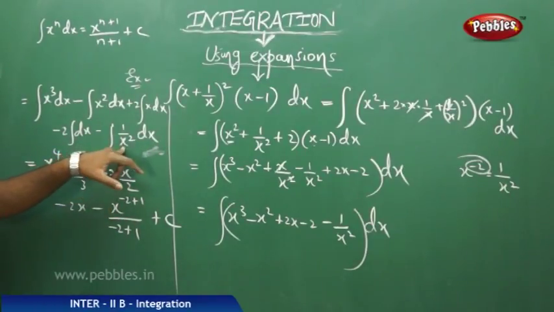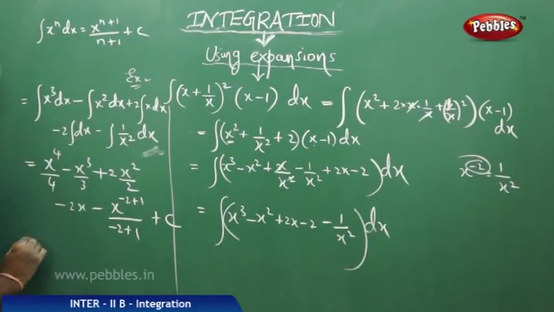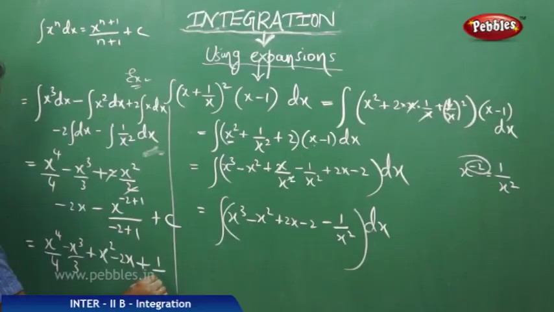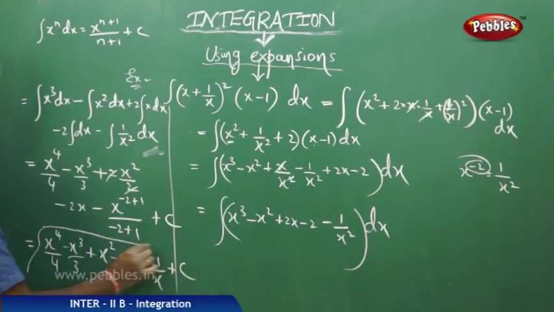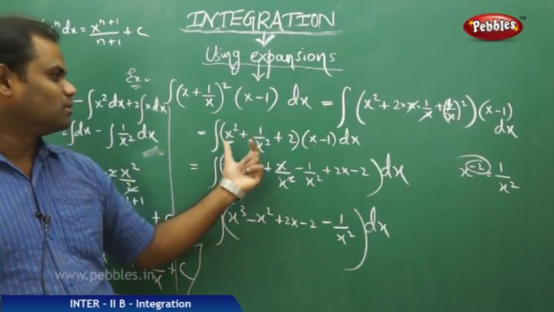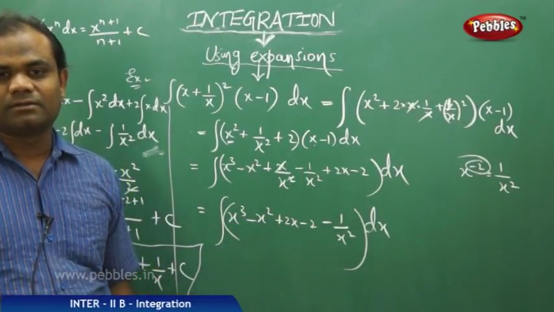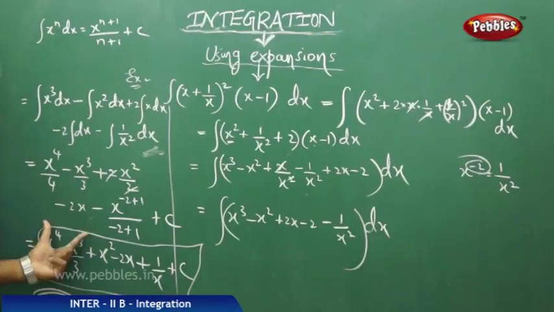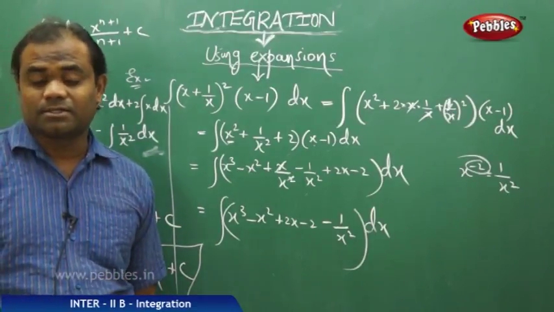Here n is minus 2 in this case. This is minus of minus, plus c, is how I understand the integration of this function, using the expansion of (a plus b) whole squared multiplied with the factor. The product of two factors on integration gives us the answer as x power 4 by 4 minus x cubed by 3 plus x squared minus 2x plus 1 by x plus the constant of integration c.